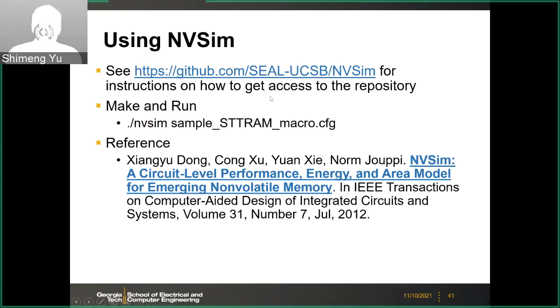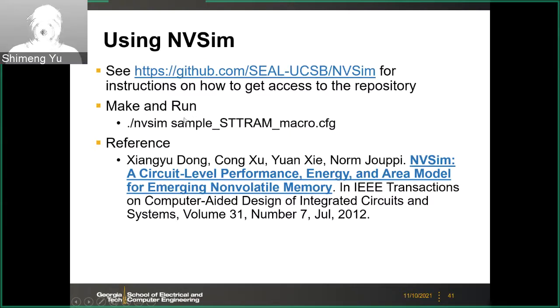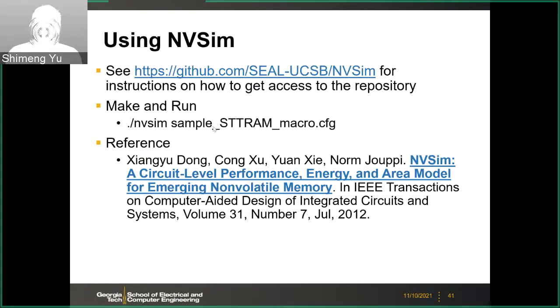All right, so here this is a GitHub link for the tool, and we actually provide you in homework 5 a pre-downloaded version, so you don't need to go to this website. We provide you a local version of the code. And if you want to know more details about the tool, you can read this paper published in the Transactions on TED.